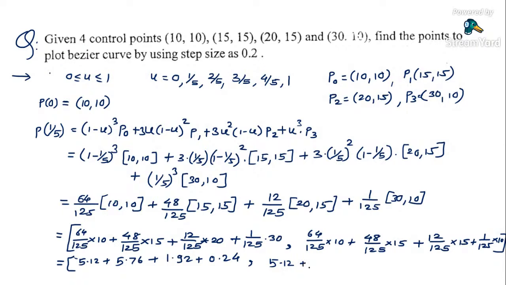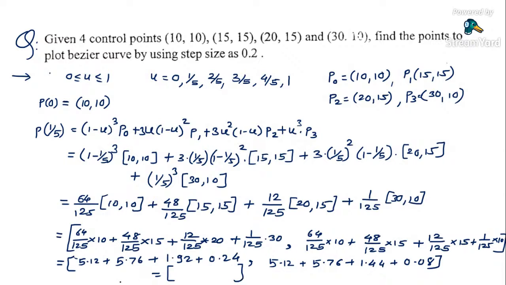5.12 plus 5.76 plus 12 divided by 125 into 15, 1.44, plus 10 divided by 125, 0.08. Now do the additions.